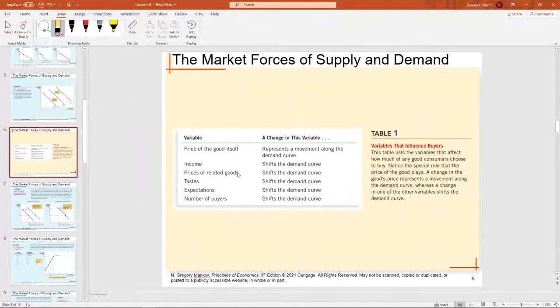Price of related goods. Let's think Coke and Pepsi. There are individuals that are diehard Coke consumers and some are diehard Pepsi consumers. Minor fluctuations in pricing don't bother them.